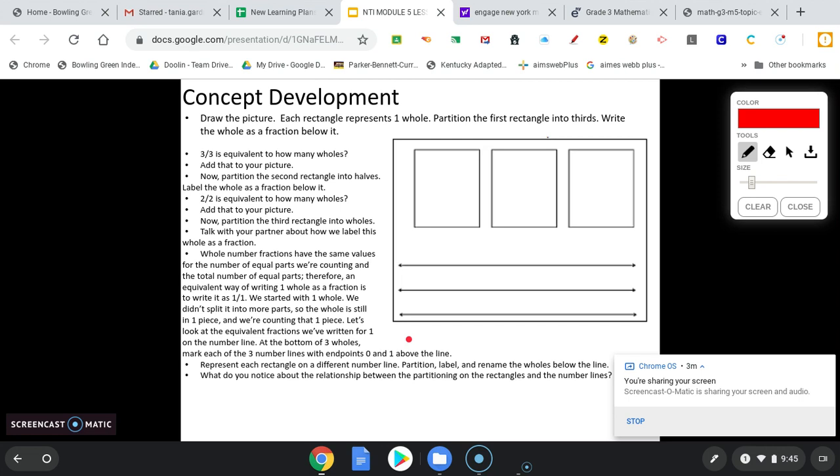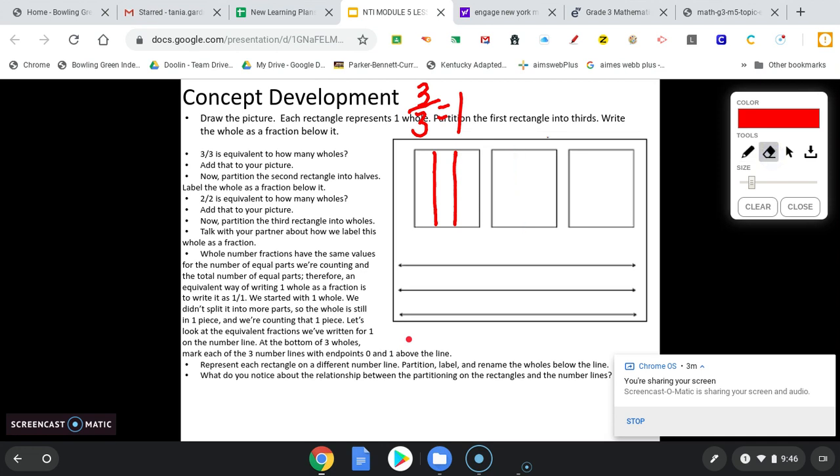We're going to partition the first rectangle into thirds. So that would be 3 equal parts. So the fraction would be 3 thirds, and that equals 1 whole. Okay. Now, the next rectangle we're going to partition into halves.